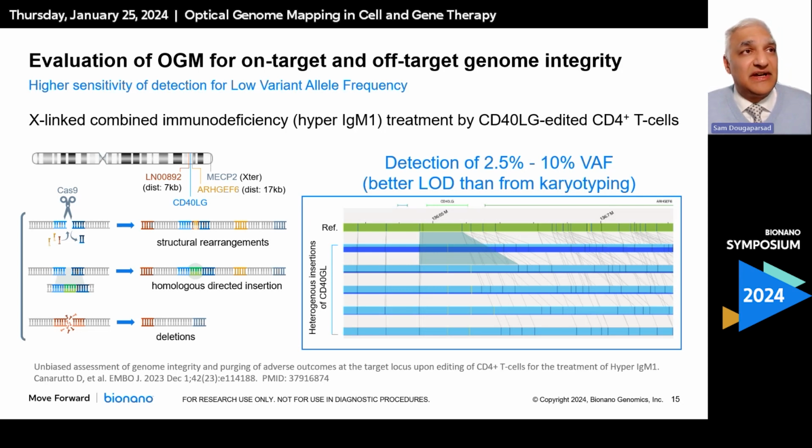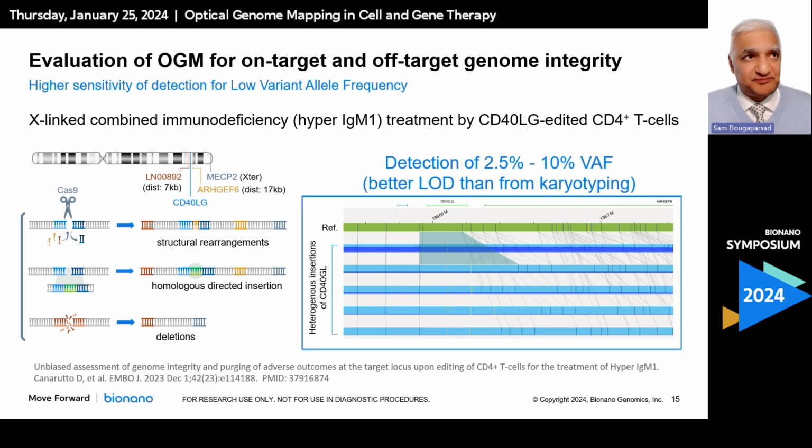So on the left-hand side is a cartoon showing all of the different aspects of this editing, with a Cas9 editing tool cutting the genomic material. We expect DNA double-stranded breaks, which are going to be rearranged and repaired with or without the edits.